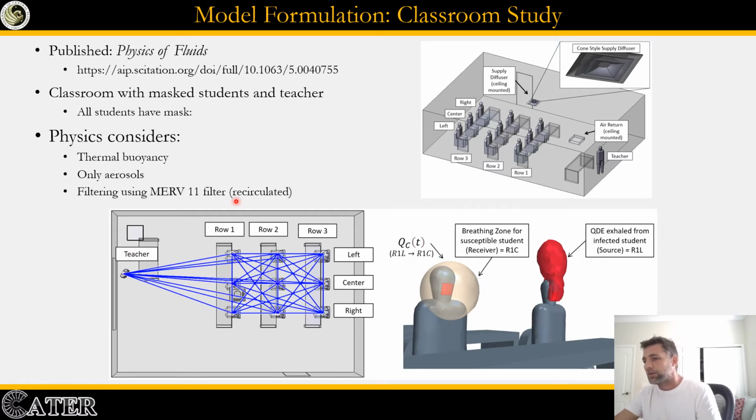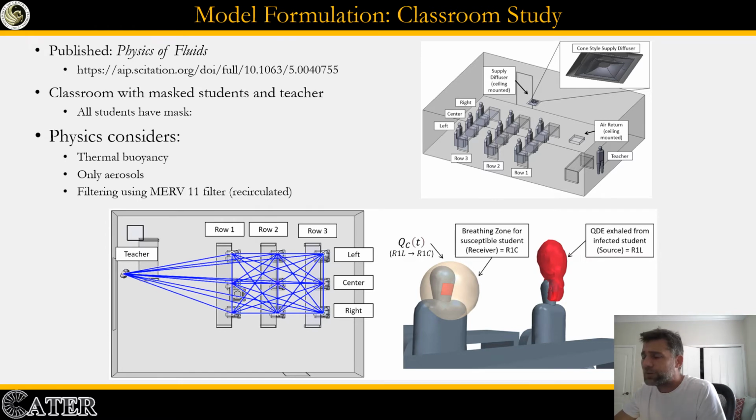And when we look at this in this fashion, we have the ability to study statistics of transmission rates. So here we have about 90 different transmission routes that we're able to study. So this gives us a lot of data to understand essentially airborne transmission behavior.